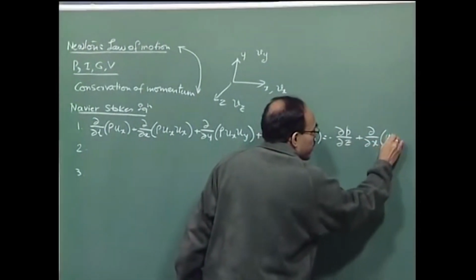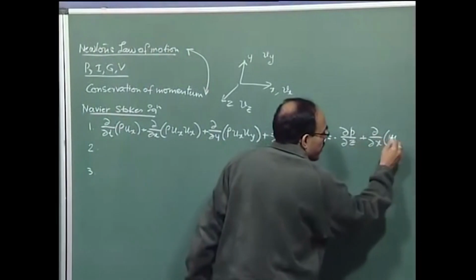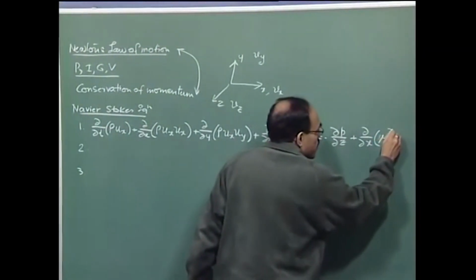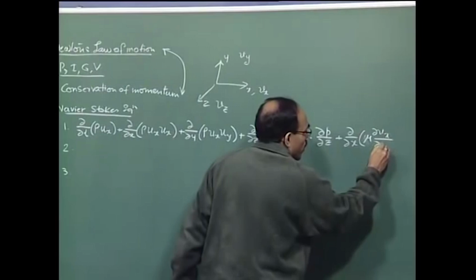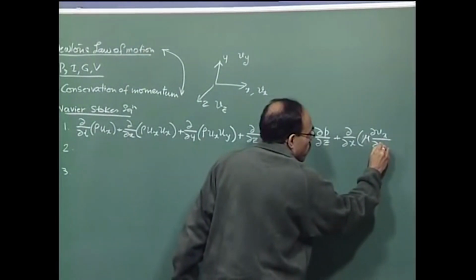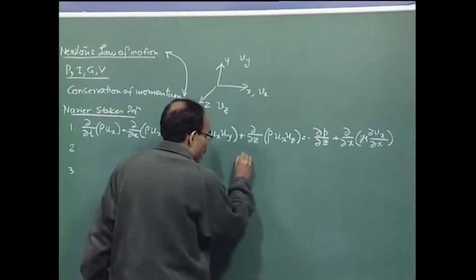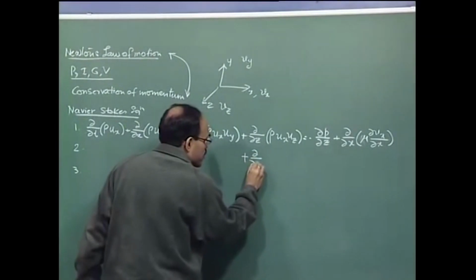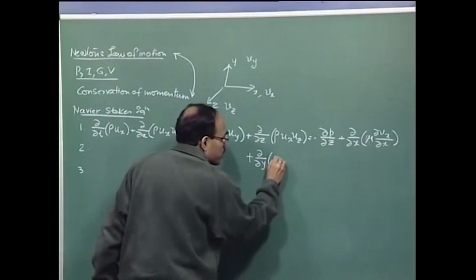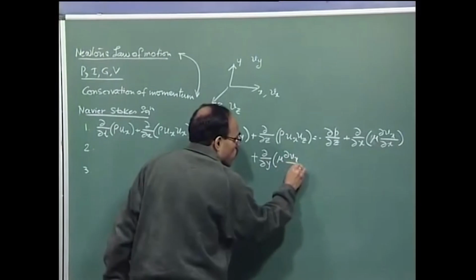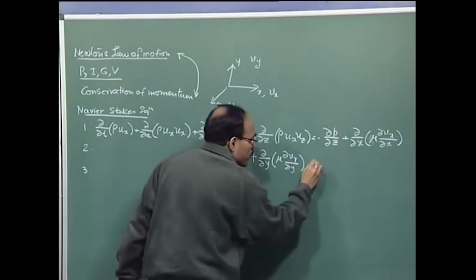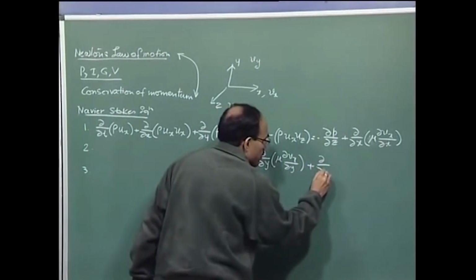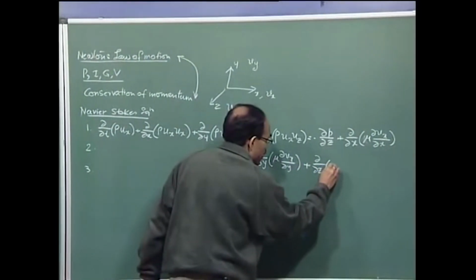This is the pressure force or pressure gradient term, and this is the viscous term along the x direction. This is the viscous term along the y direction, and this is the viscous term along the z direction.